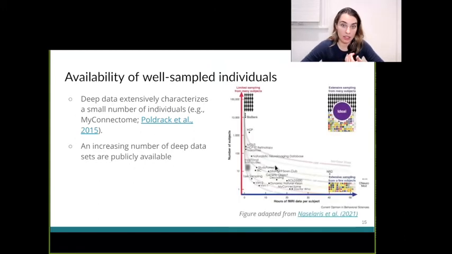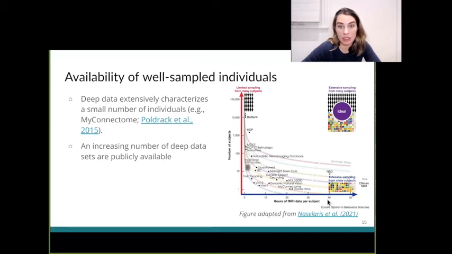This is really crucial to all the work that we've done: the availability of these really wonderful public resources. Here on the right, I'm showing you a figure that's adapted from Naturalistic and colleagues. The basic idea is to contrast these field standard data sets that you may be familiar with, like the Human Connectome Project and the UK Biobank, with, along the bottom axis, this idea of densely sampled or deep phenotyping data, which you can see there have become more and more data sets within this realm available just within the last few years.